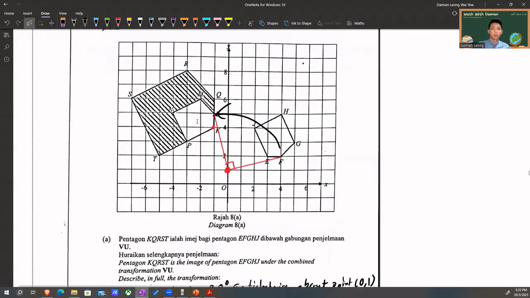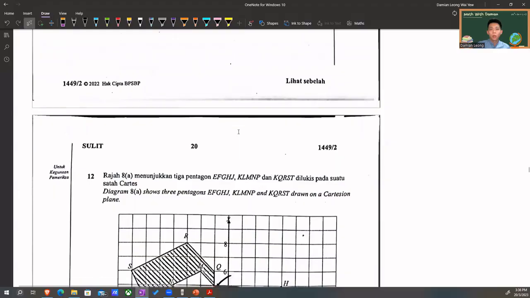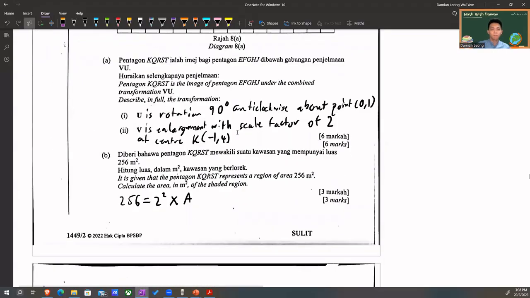which is, in this case, I can take this, or I can count it as this KLMNP. Bring over 256 times the opposite, divide by 2 square, means divide by 4, is the area of KLMNP, which is 64.